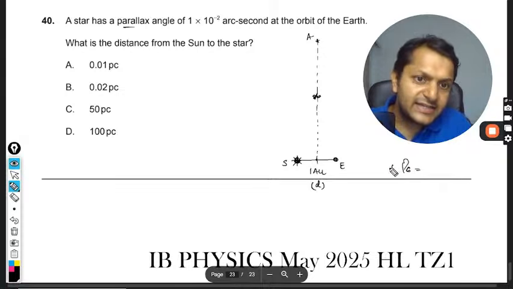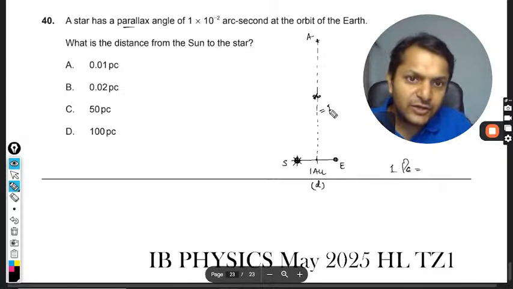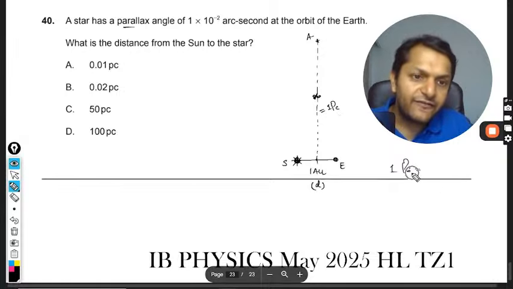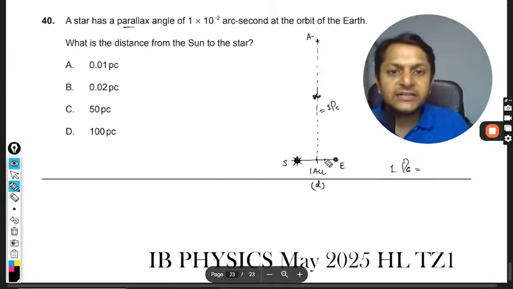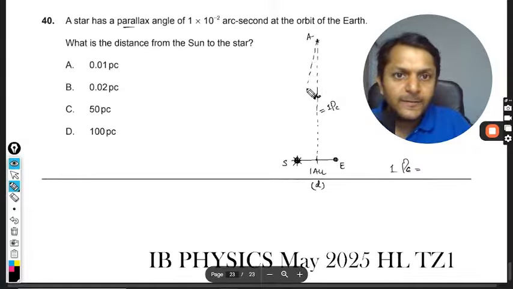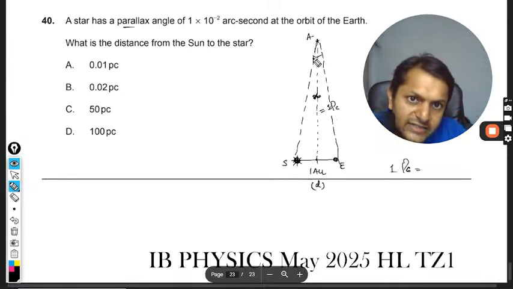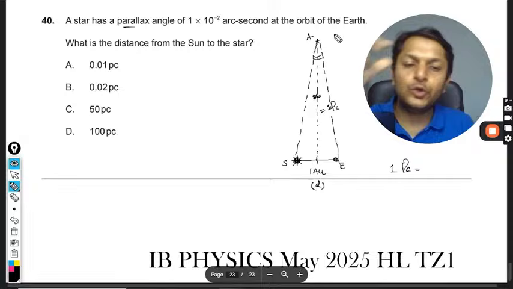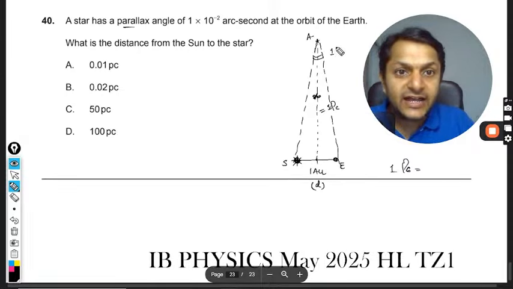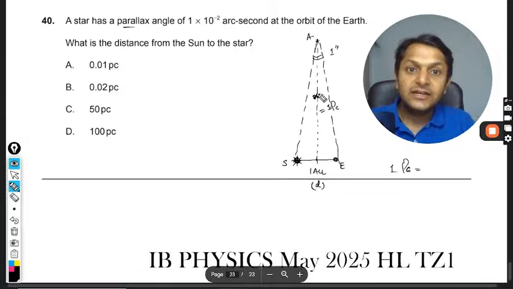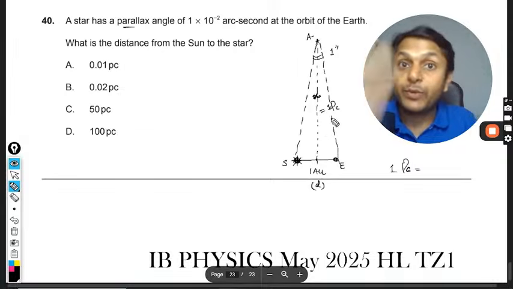This X value will be equal to 1 parsec if the angle subtended by sun and Earth at this point, the total angle subtended here, of course, will have some value. But when this angle becomes equal to 1 second, the distance is known as 1 parsec.